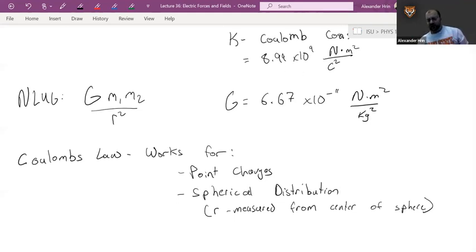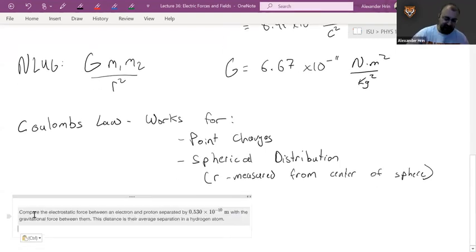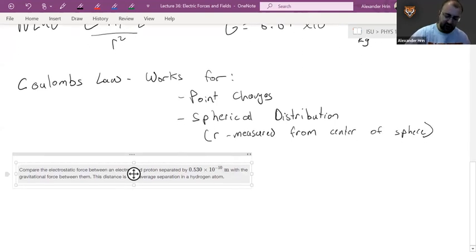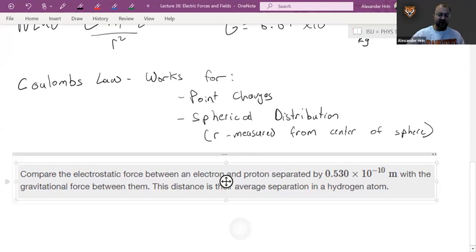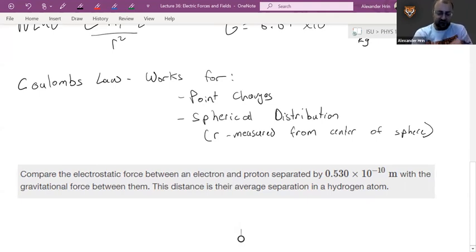I do want to give an example. I like this example because one, it allows us to calculate forces, but two, it also allows us to compare gravitational and electric forces. You may have heard that gravity is a weak force and electricity is a strong force.